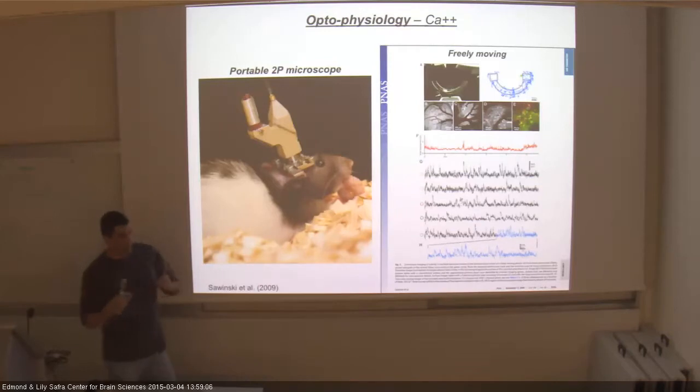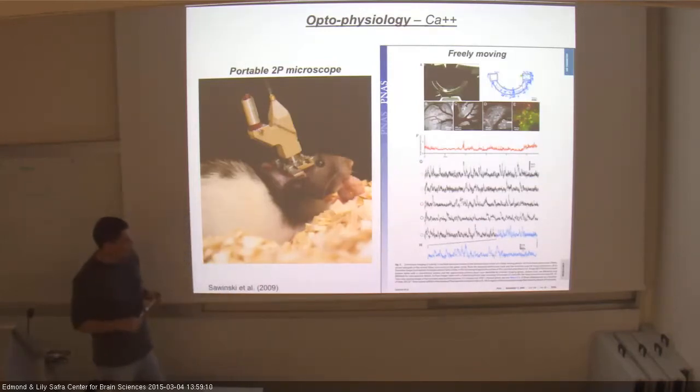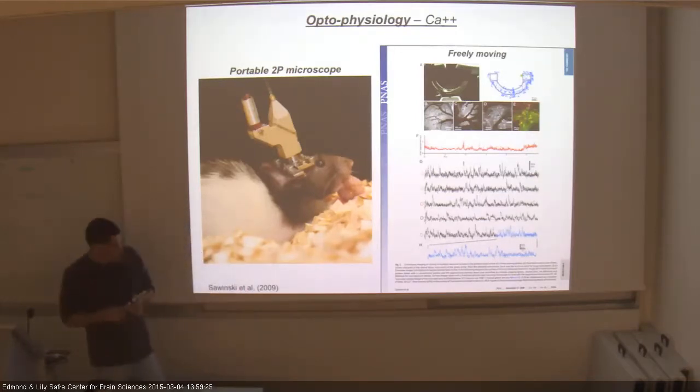So the science is moving in this era into recording from awake, behaving animals that are engaged in a task while we record the neurons. And in fact, when you get information from the neurons, in some cases the exact behavioral situation of the animal during the task is extremely important.